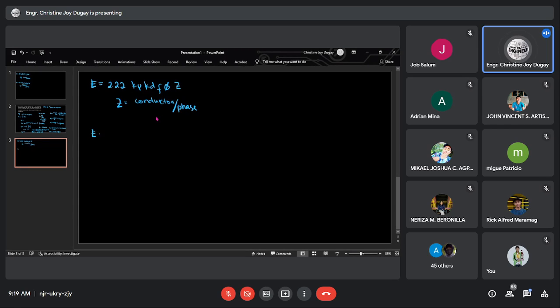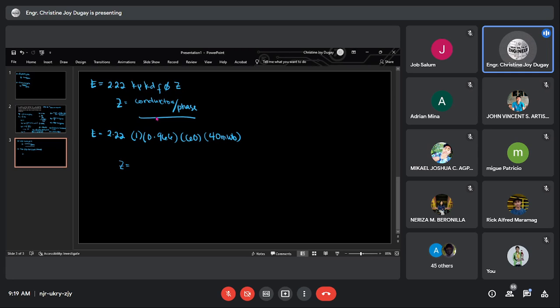Yan. So, ang E natin ngayon, that is equal to 2.22. KP natin kanina is 1, KD 0.966, frequency is 60, flux is 40 milliweber. Okay, so Z natin is conductors per phase ang target natin.